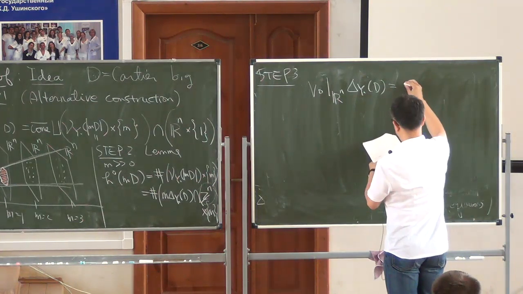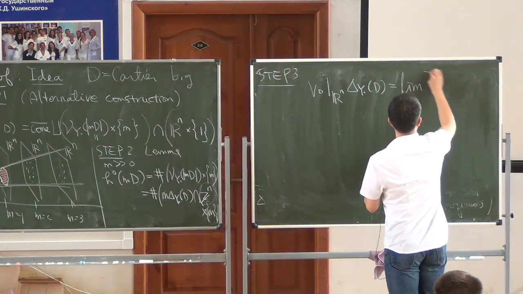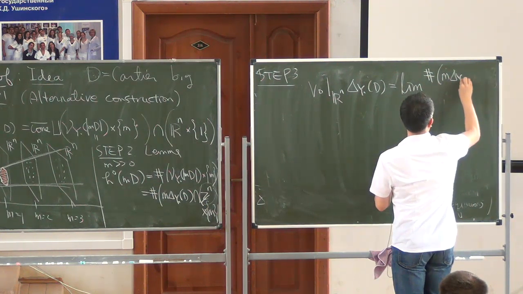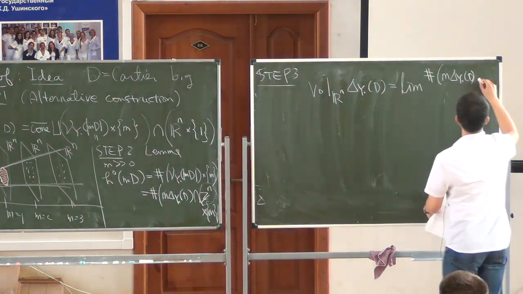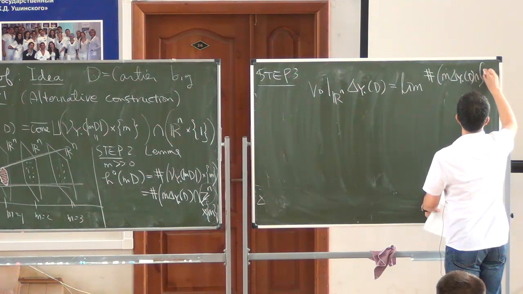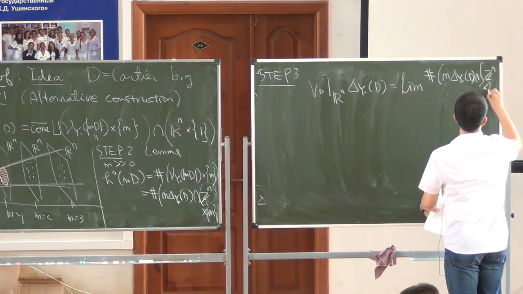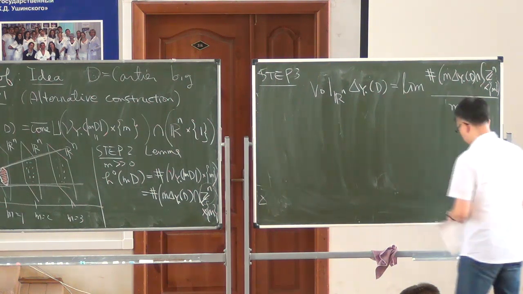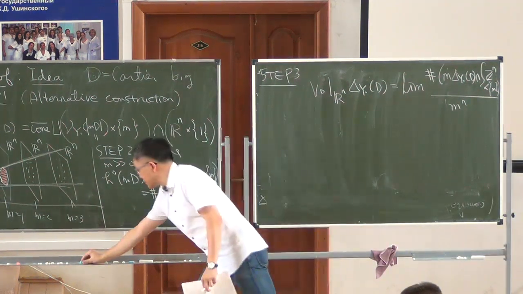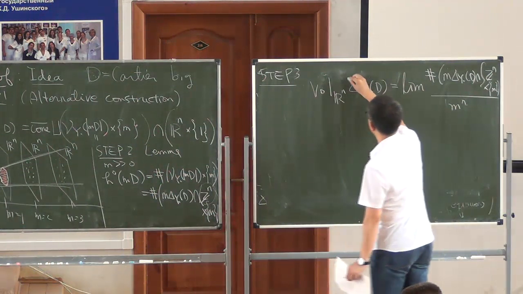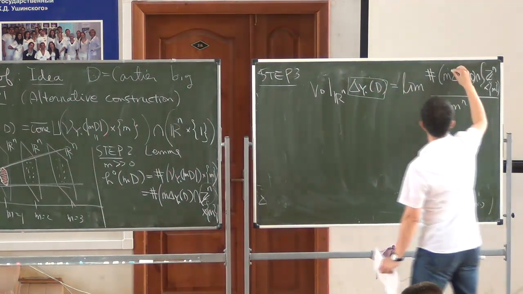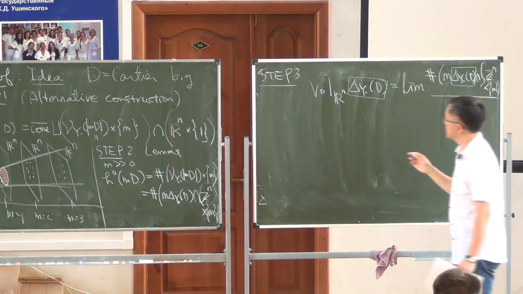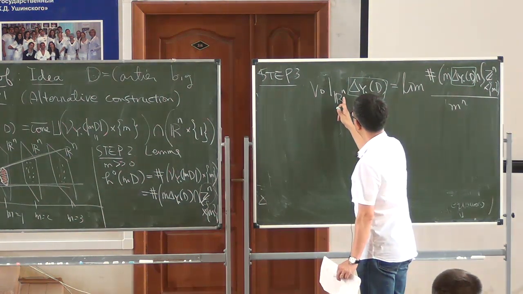So the limit of the number of integral points Gn cross m n. But actually, this part can be replaced by any convex set. And this is the Euclidean volume.